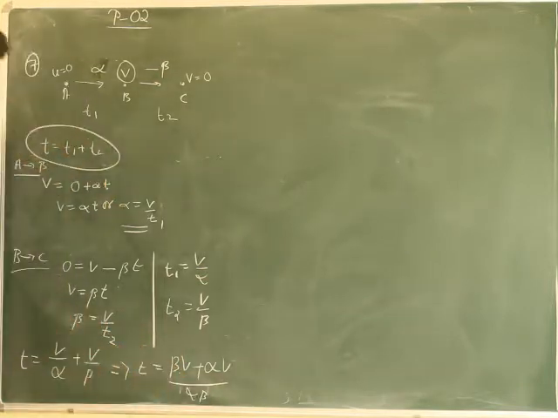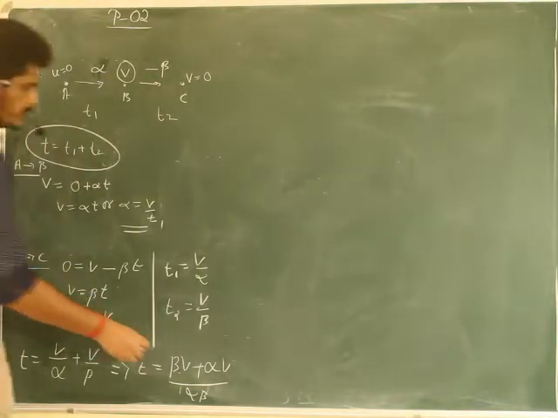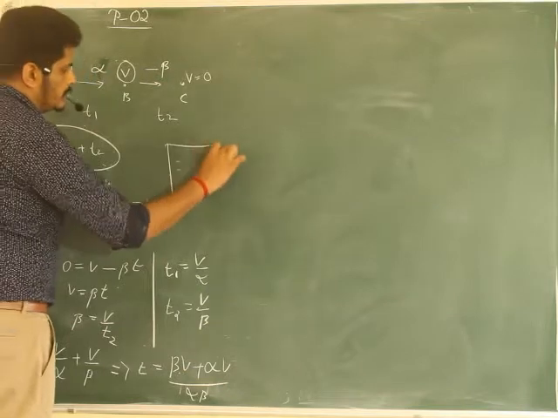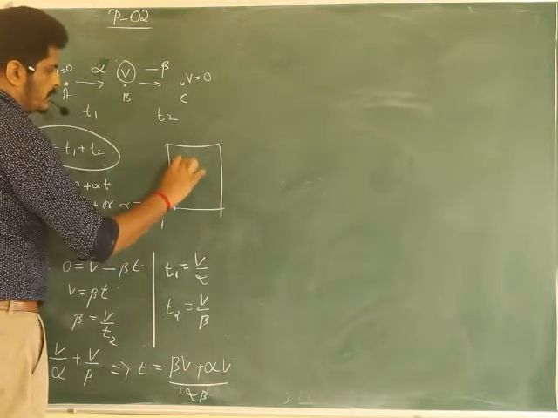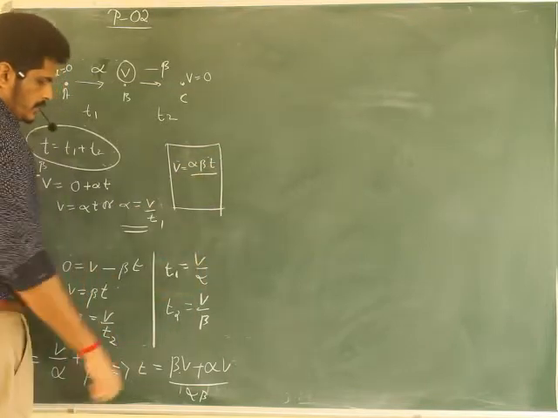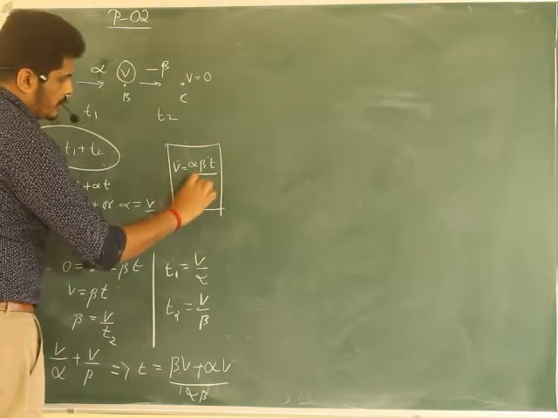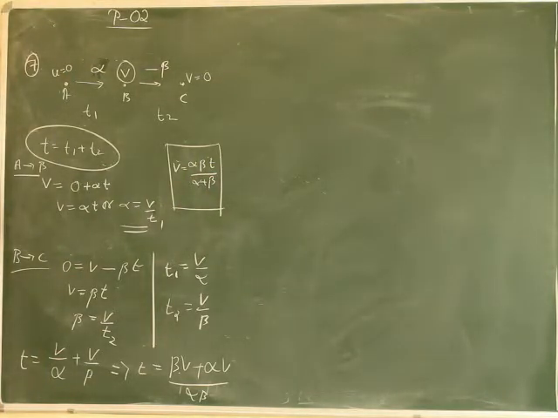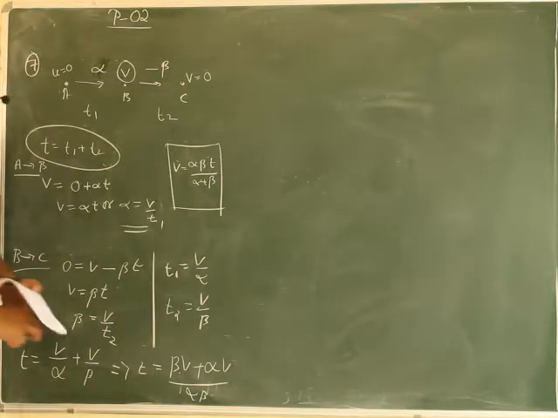Common is v, so v is equal to alpha beta t divided by alpha plus beta. Check the options: it is option A. I think it is clear for you. That is question number 7.